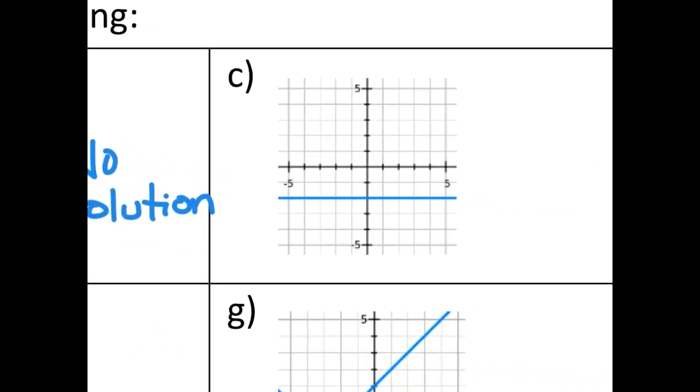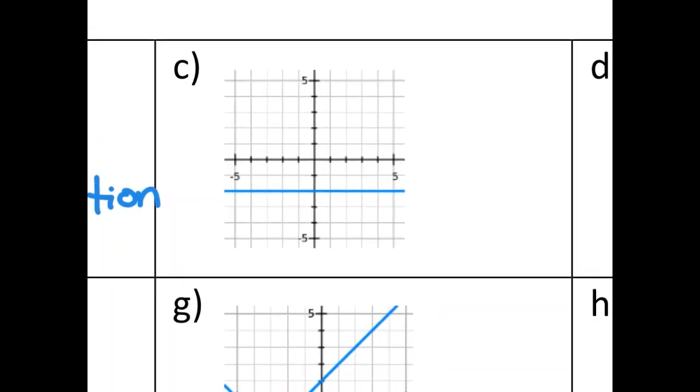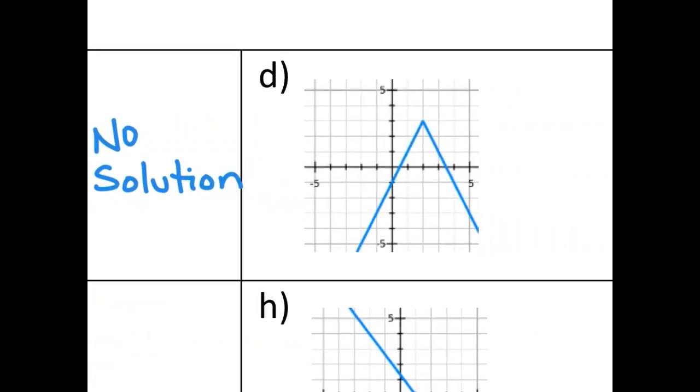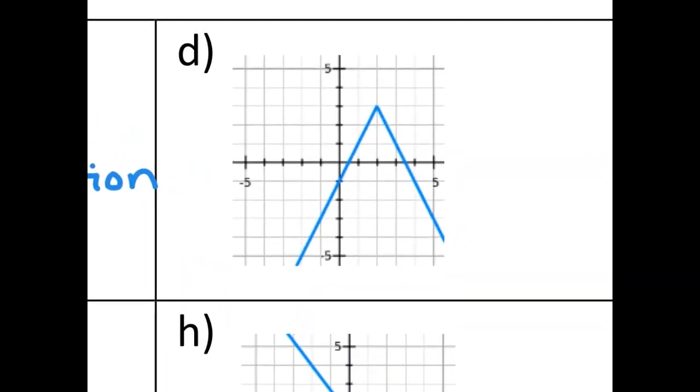In this graph, you'll see that this is also no solution because there's no x-intercept. In this graph, we have two solutions, one here and one here. And the first one I would say is, again, about 0.5, maybe 0.6. And the other one is, let's say, 3.5.